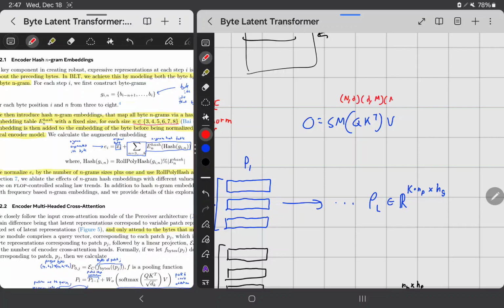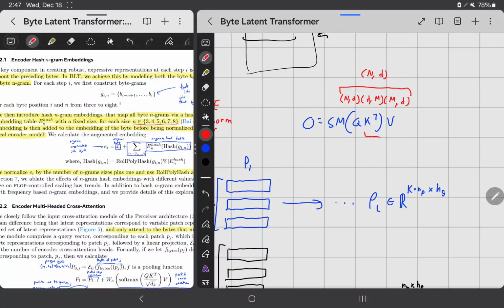D by M and M by D. This will result in an N by D output. So this part here is basically the structure of your output, Q.